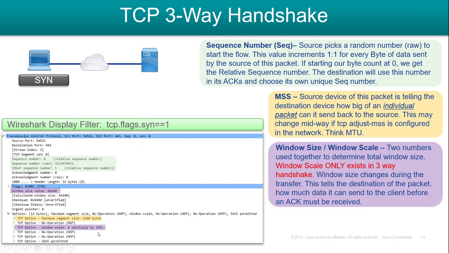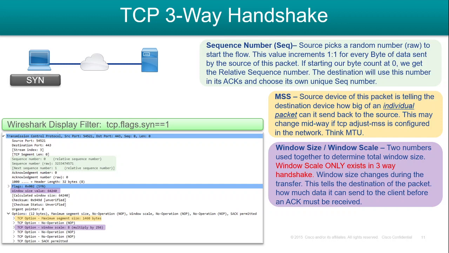This scale option is only negotiated in the three-way handshake. The way this operates is the window size and window scale are multipliers, which allows TCP to create a number that one device can send before an acknowledgement is necessary.